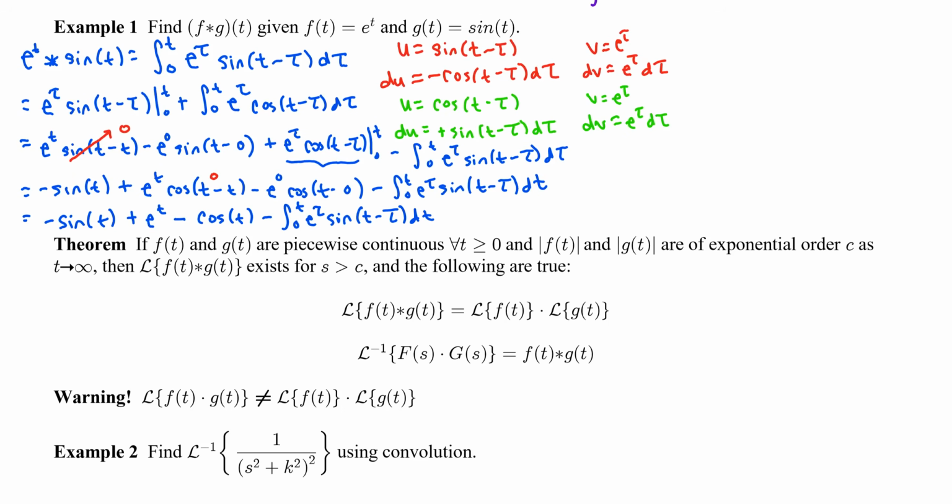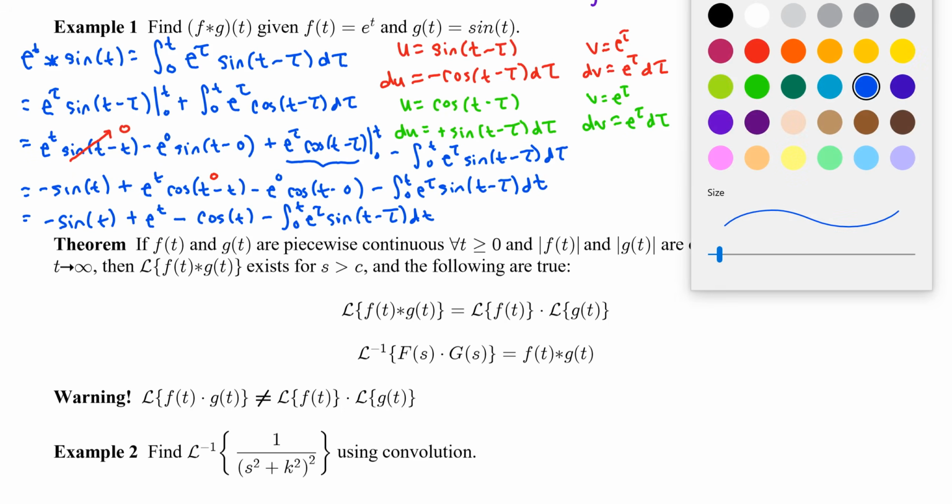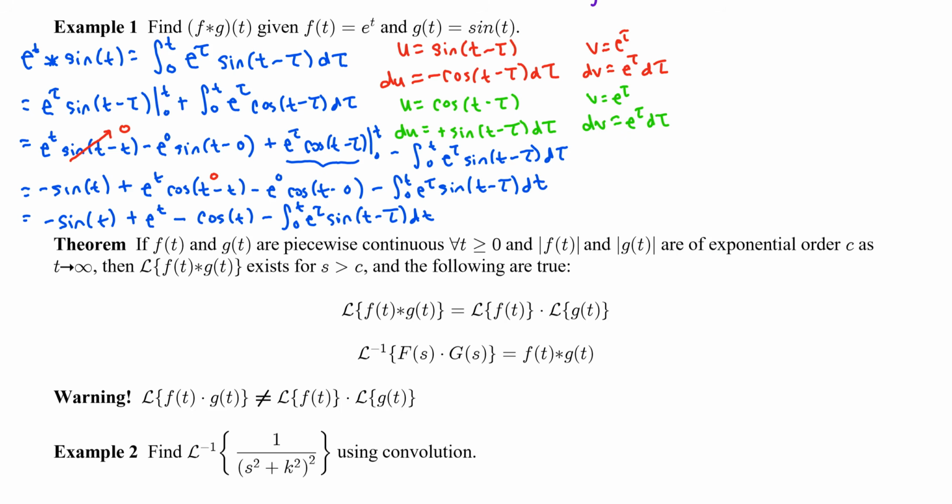Okay, now let's look at the context of our original problem. We started with e to the t convolved with sine of t. By definition, this is what this means, and we have whittled it down to this. So I'm going to rewrite the equation like so.